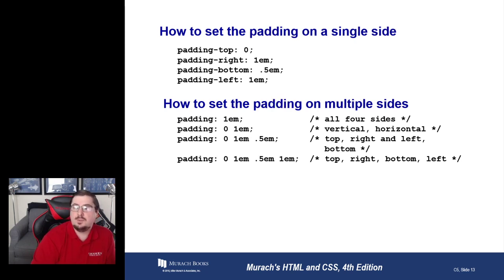Okay. I can do the same thing with padding, so I can specify individually. I can say just one side, I want to specify what its padding is. So I could say padding top, padding right, padding bottom, padding left, so I can set those individually. And I can also then do it with the same sort of shorthands that I did with margin.